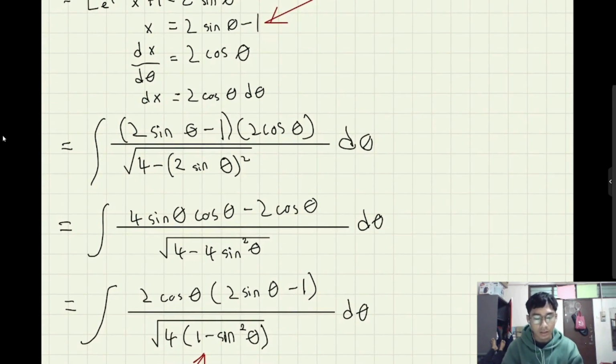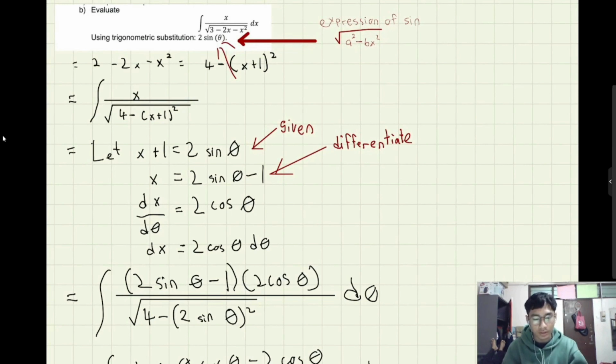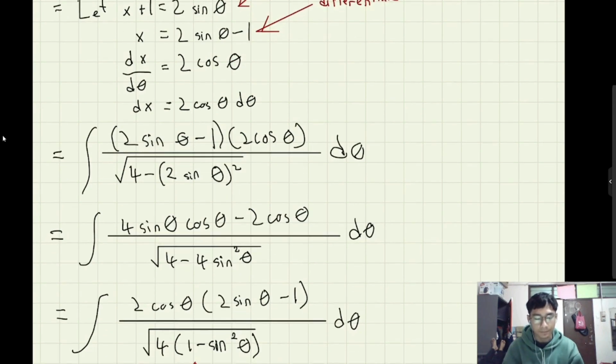In terms of x, we want only the x because we want to substitute it into this equation. Then we rearrange it, and we get dx equal to 2 cos theta d theta.